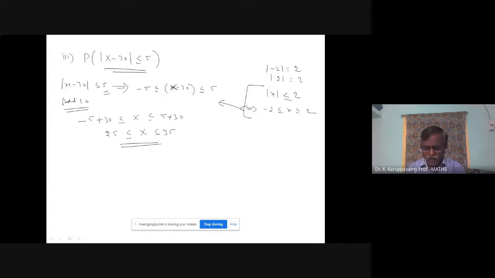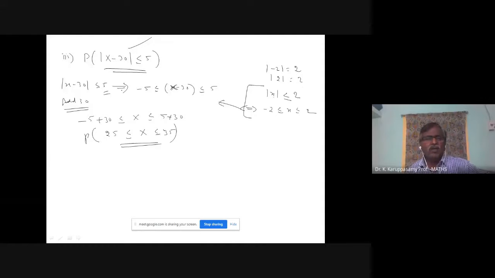So instead of directly giving the problem, the problem was given indirectly. First you break the modulus symbol. How to remove the modulus? This is the basic idea. Modulus of x less than or equal to 2 means x lies between minus 2 and plus 2, the negative of the number to the positive of the number.